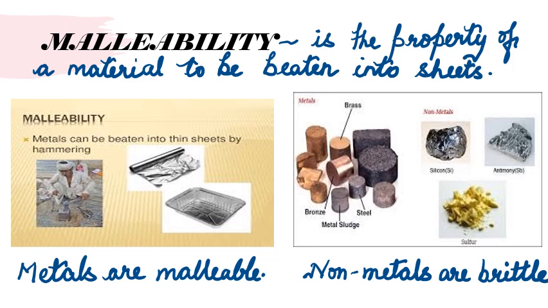They break into pieces when they are beaten or compressed, and hence they cannot be beaten into sheets. So we can say that metals are malleable, whereas non-metals are brittle in nature. This malleability is a valuable property. Why? Because it allows the metals to be molded into different shapes.